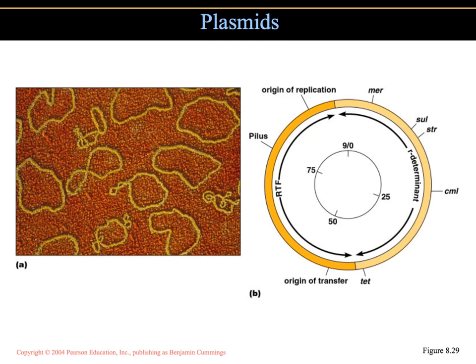This slide is just showing a really cool picture of a plasmid. This one right here in picture A is from E. coli bacteria. And B is a diagram of an R factor, which has two parts. Now remember, the R factor carries genes that cause the host cell to be resistant to antibiotics and toxins and things like heavy metals. So again, these R factors contain two groups of genes.